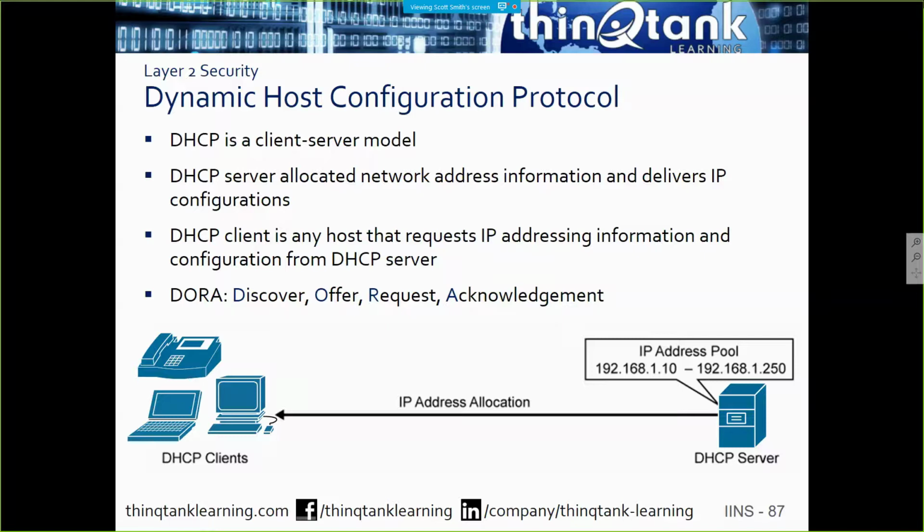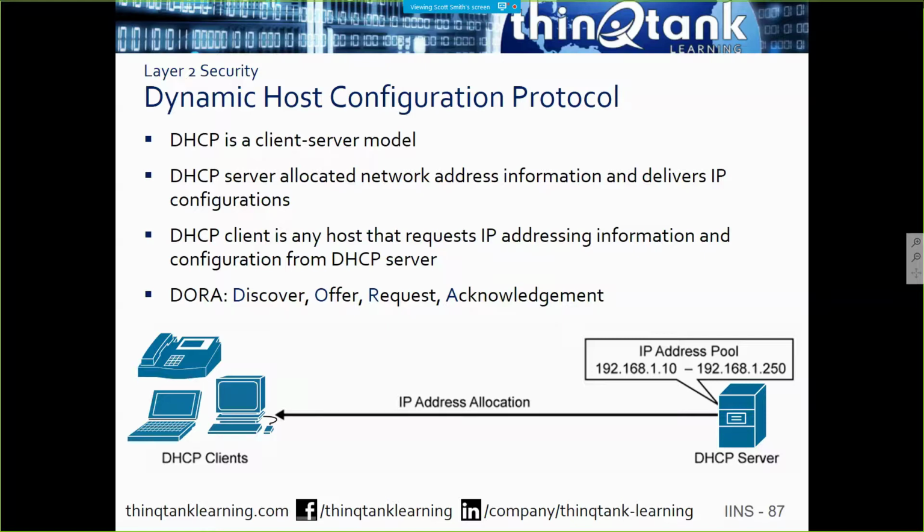It allows us to assign IP addresses, subnet masks, gateways, etc. to our clients through a dynamic process. But because the process is broadcast-based, it's susceptible to attack and it's vulnerable to attack, right? DHCP servers allocate network address information to the requesters in the network, okay?